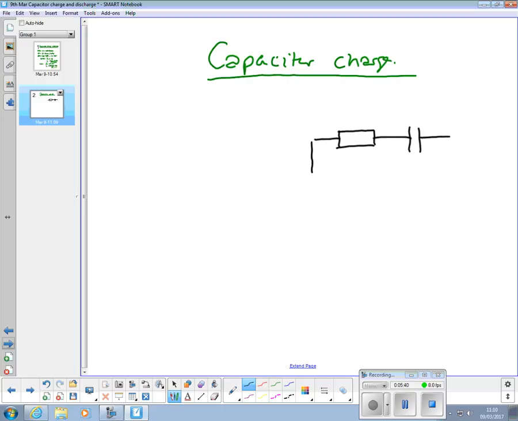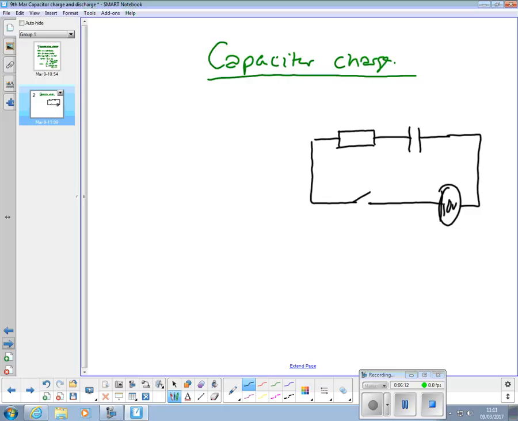I'm going to have a circuit with a switch in it, and I'm going to have a 10 volt source. Okay? I'm trying to create a left and a right side to my screen because I'm going to keep altering the circuit as we go down and gradually drawing a graph of what's happening when it charges up.